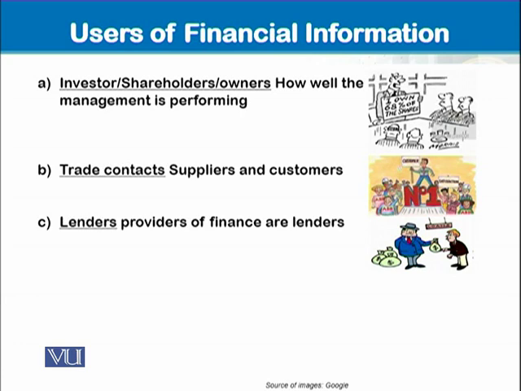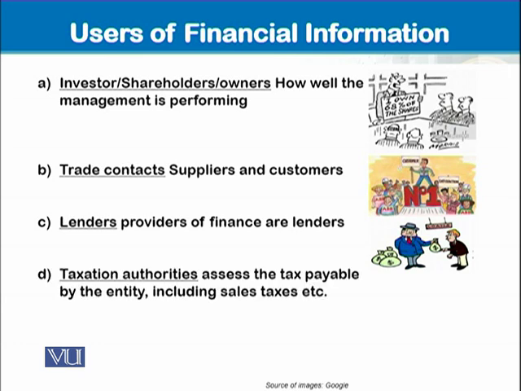If a customer is expecting to get this product from the entity as and when required, and the entity fails to supply the goods, it means the customer would ultimately be losing his own business. So that's why suppliers and customers are very much interested in the financial information of the entity. And lenders, obviously, want to know from the financial statements whether this entity would be able to repay their loans on a timely basis.